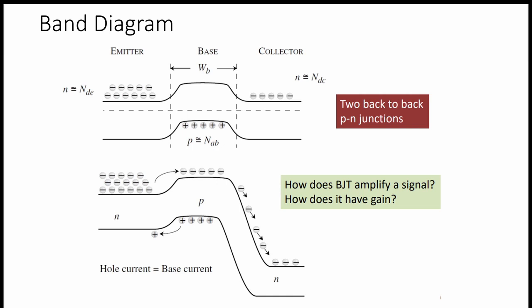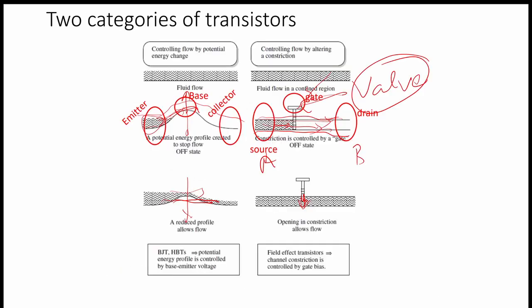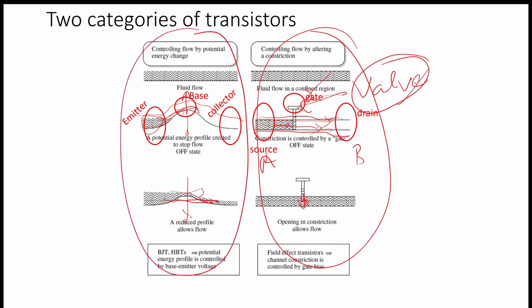Let us see this type of transistor, which is the BJT.